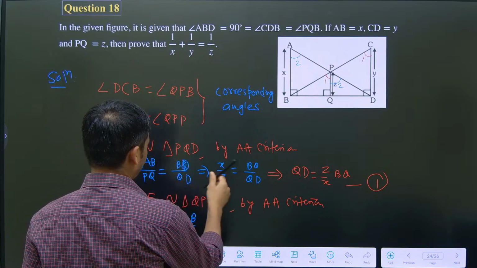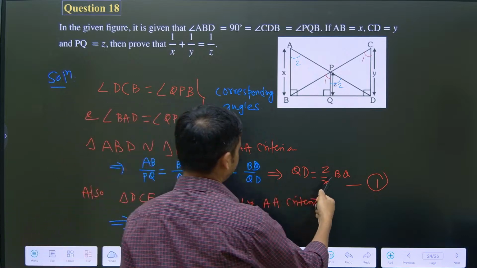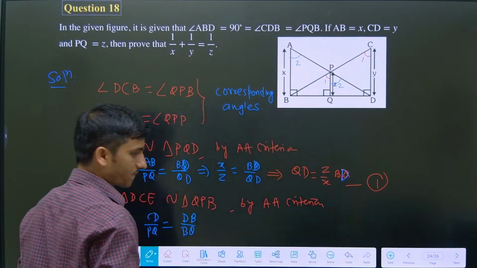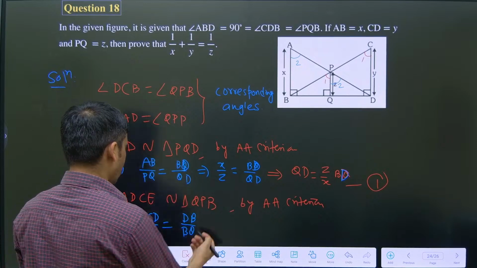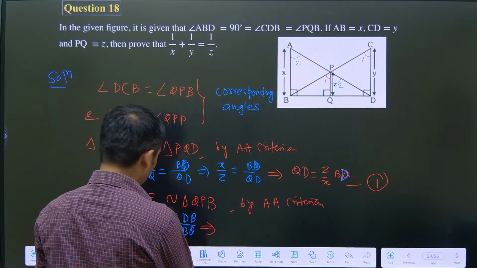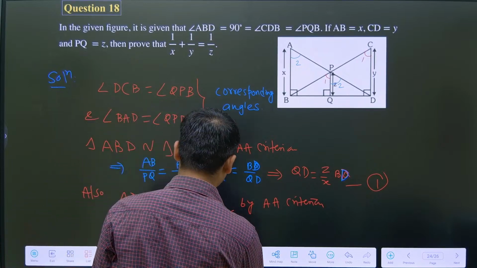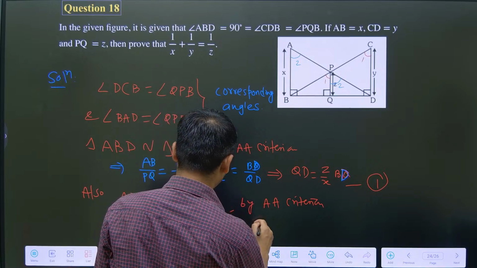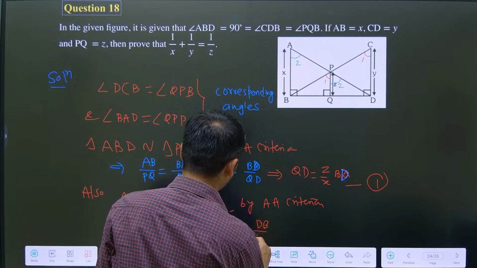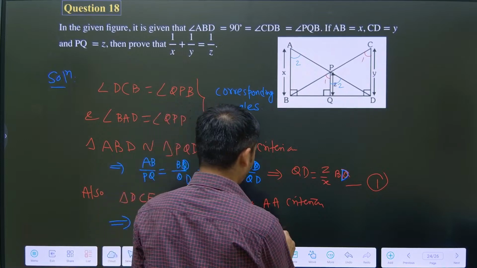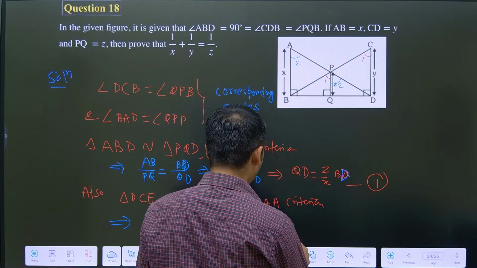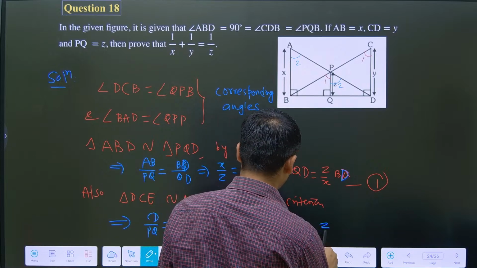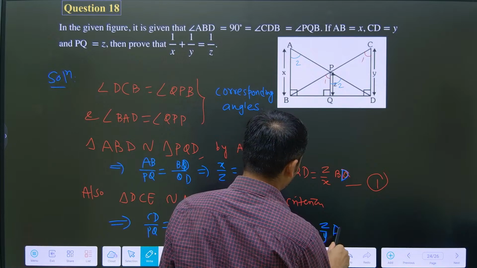Here please make a correction, it's BD, guys, right? The sides. Now we can again put these values. CD is already known, that's Y, upon PQ is Z again, that is equal to DB upon BQ. From here, if you want to cross multiply, can we get BQ is equal to Z upon Y times DB?